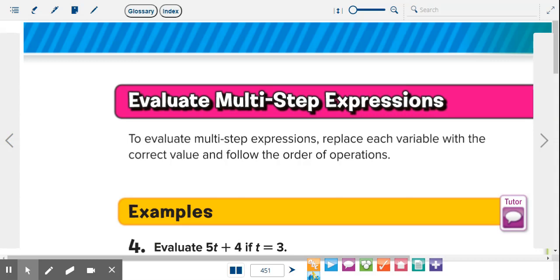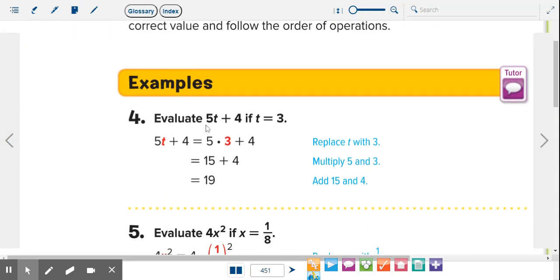It's usually multiplication and something else. So like this one, number 4, it says 5t plus 4. Before we even do anything, what operations do you see there? What's one of them, Isabella? Addition. What's the other one? Layla? Multiplication. Okay, so we have to do both of those.